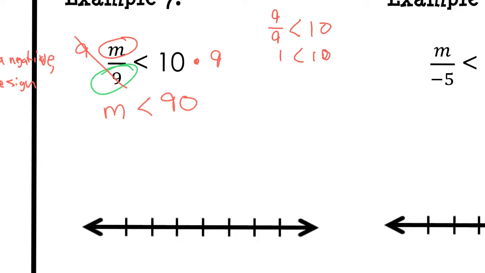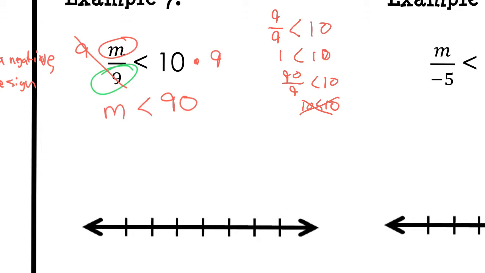So if I put 90 in there, is 90 over 9 less than 10? That should not be true, because it has to be less than, not less than or equal to. If I divide, 90 divided by 9 is 10. Is 10 less than 10? No. So we know we're on the right track here.